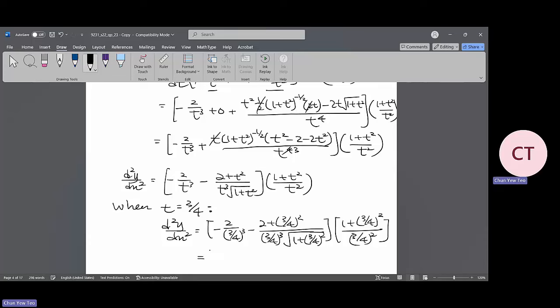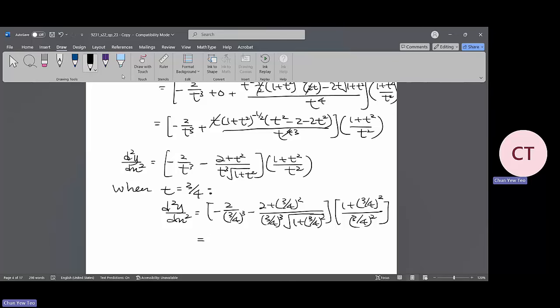So this one, you just need to multiply the things carefully, then you can get the answer. I will leave it to you to multiply yourself. My final answer over here will be negative 80 over 3. Okay, so this will be the answer.